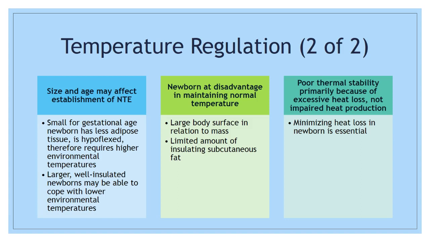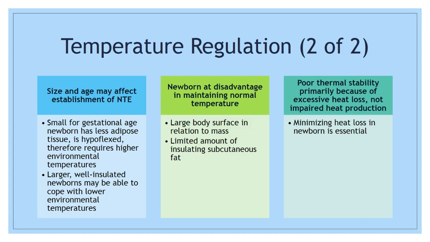So more of their body surface area is exposed, and they require a higher environmental temperature due to that. Larger and well-insulated newborns may be able to cope with lower environmental temperatures because they have more fat stores, and if they're well insulated, they have enough fat to burn up in order to keep themselves warm.